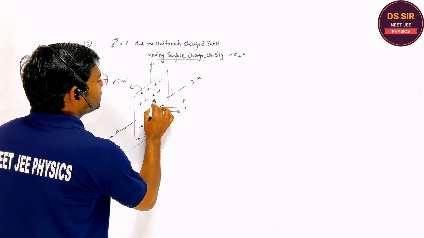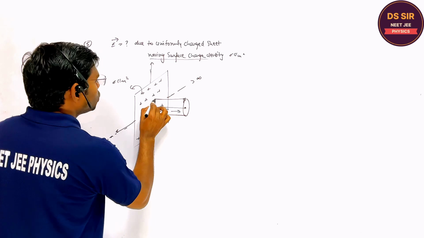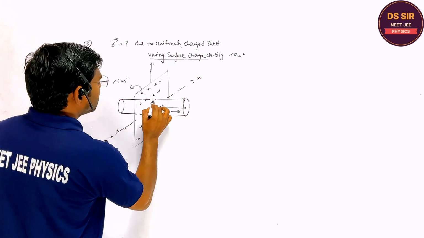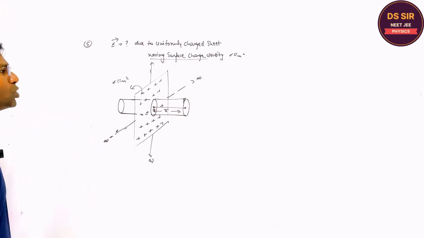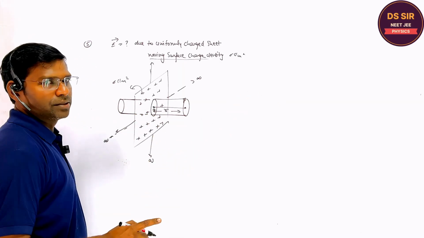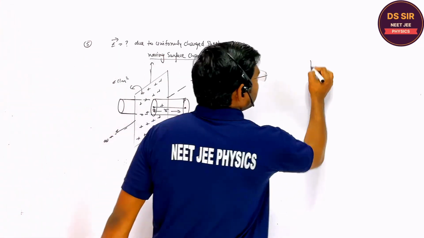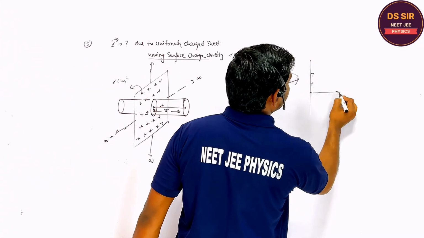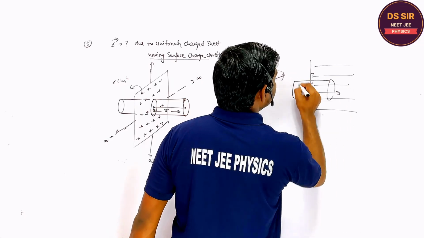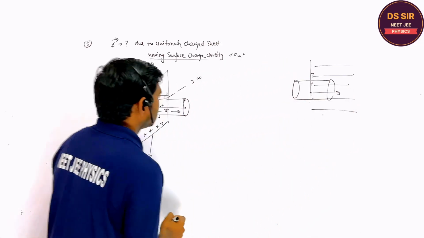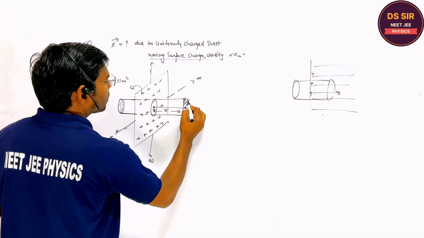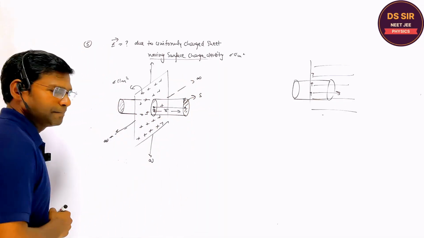The Gaussian surface is taken to be a horizontal cylinder like this, because the electric field due to the plane sheet is constant everywhere. And the area of this cylinder's cross section, assume to be S.